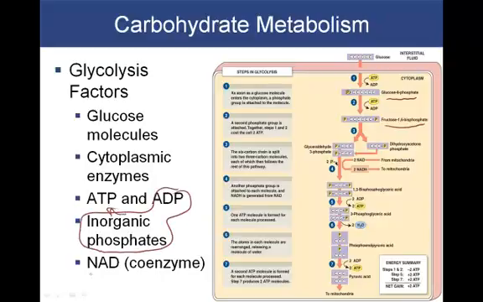And we also need a coenzyme known as NAD. NAD stands for a very long name. I'll spell it out for those who are interested. It's nicotinamide adenine dinucleotide.